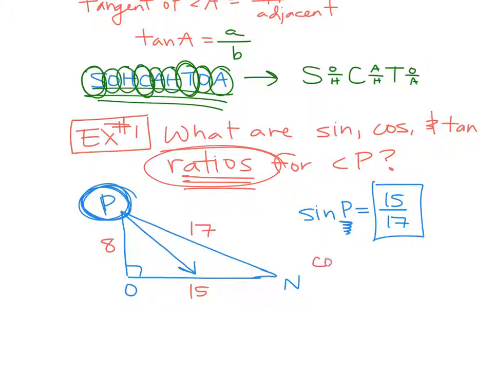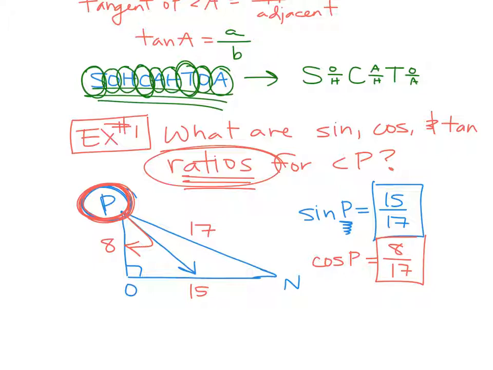Okay, so then let's look at cosine P. Where are you starting? P. So from P, cosine is adjacent over hypotenuse. What is your adjacent side to P? 8. That's the 8, next to P, over the hypotenuse, which is 17.